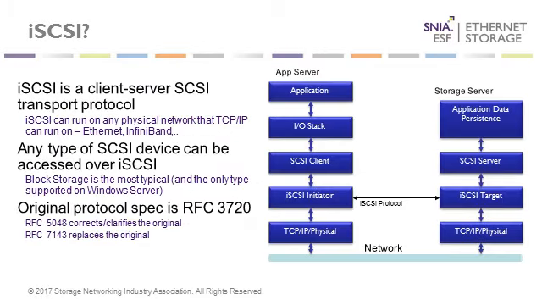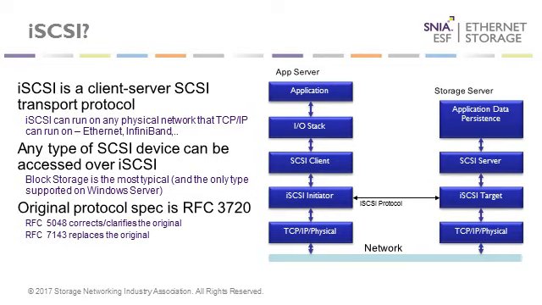So iSCSI, what's the iSCSI bit of this? The iSCSI is the client-server piece that provides the interface between the various components over the network, and effectively any type of SCSI device can be accessed over iSCSI. Block storage is the most typical, and in fact it's the only type supported on a Windows server. But the important thing here is that we can run TCP/IP over anything that you care to mention.